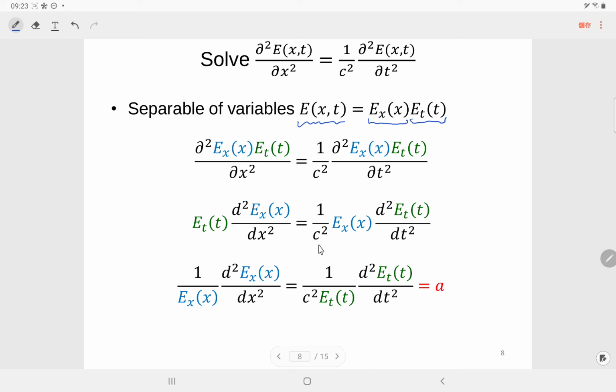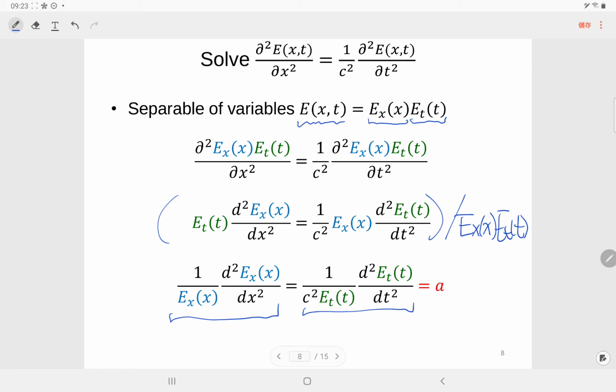So we can divide Ex Et on both sides. In this case, we have this term equals this term.